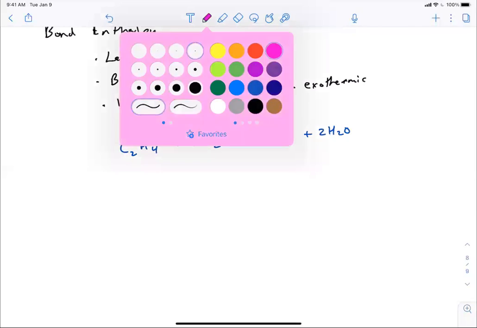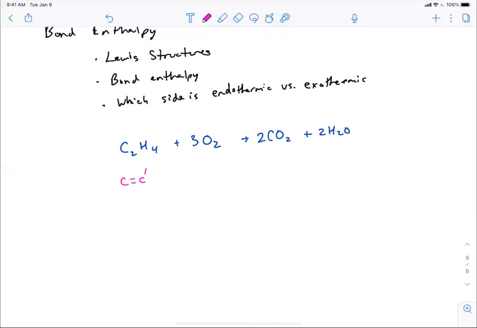And so what I do is this: I draw one of each of these molecules. Okay. And then I establish how many bonds are in each one of those molecules. I won't worry about coefficients yet. I'll use that later. So in one of these molecules, I have 1 C to C double bond and 4 C to H bonds.